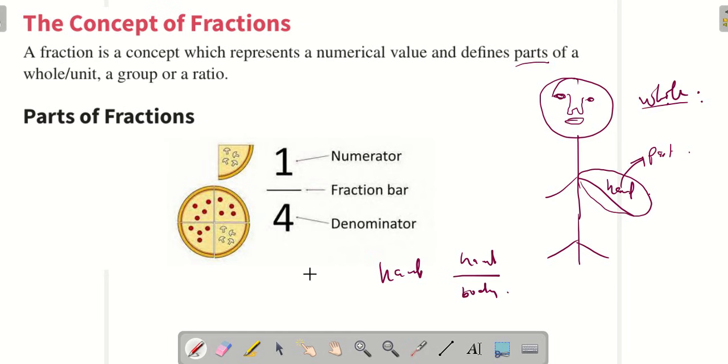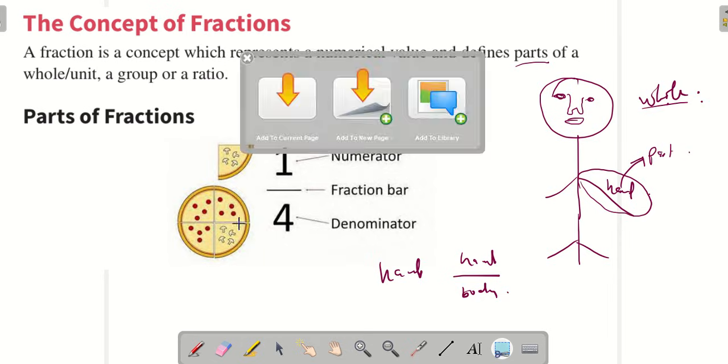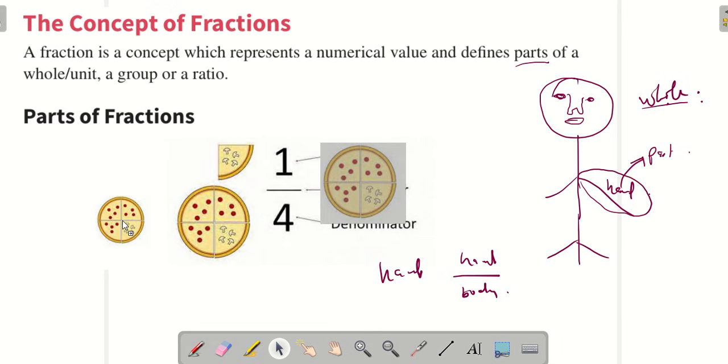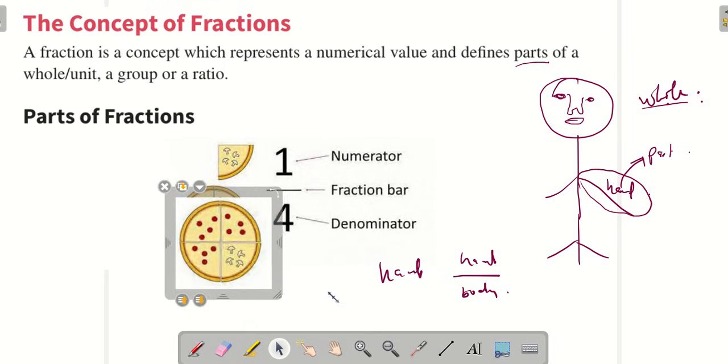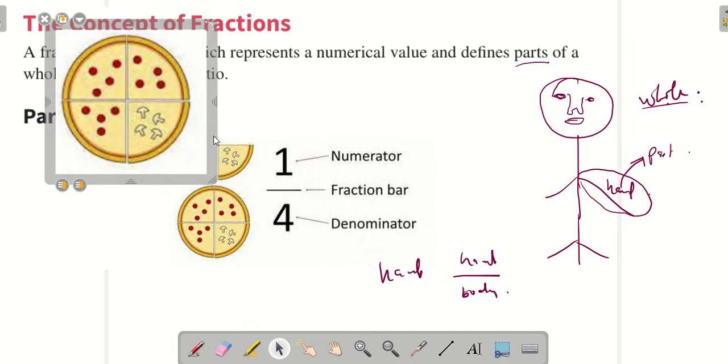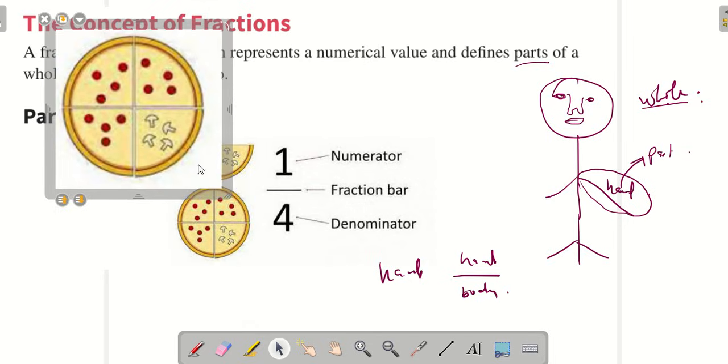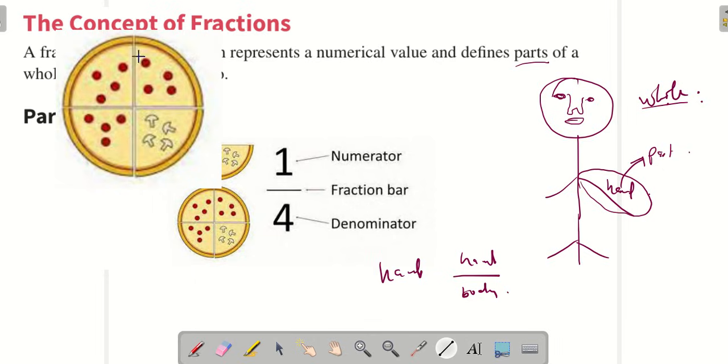So let us look at this very figure here. You are seeing this figure here. Let me even enlarge it for you to see it clearly. When you take this, you realize that it is a circle, and this circle has been divided into four parts or four quadrants.